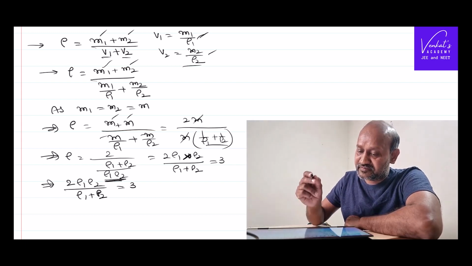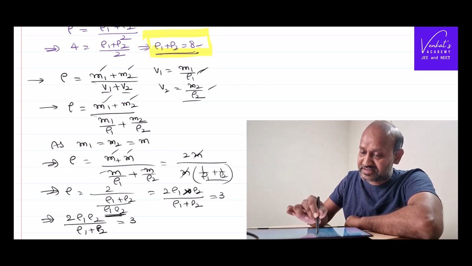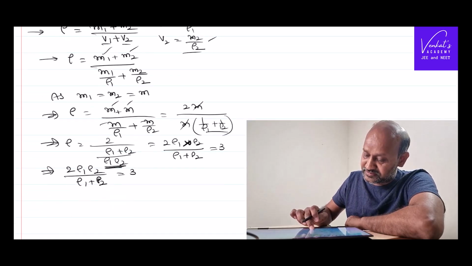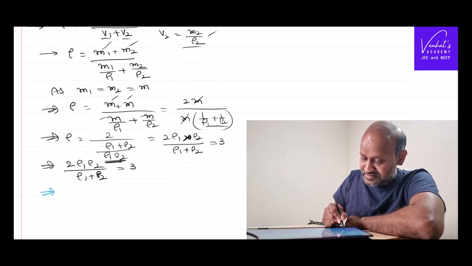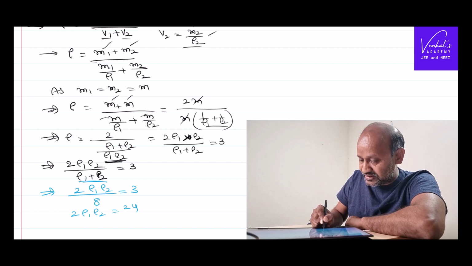But we have already found in the previous part of the problem that rho 1 plus rho 2 is 8. I can just substitute the data here. 2 rho 1 rho 2, and rho 1 plus rho 2, as I have shown, is already proved as 8, times 3. So 2 rho 1 rho 2 equal to 8 into 3, which is 24.